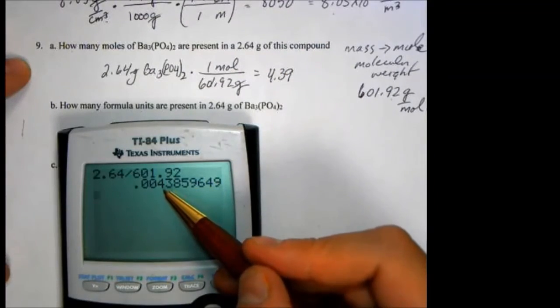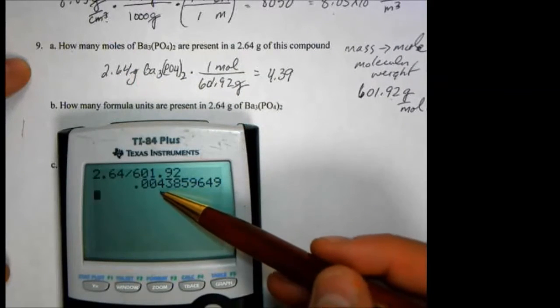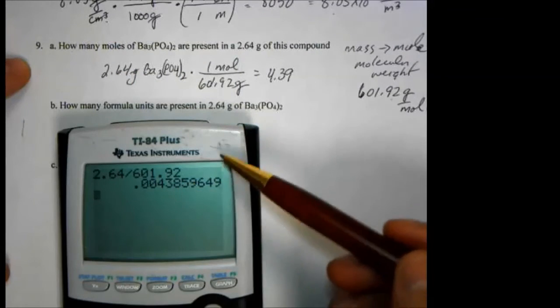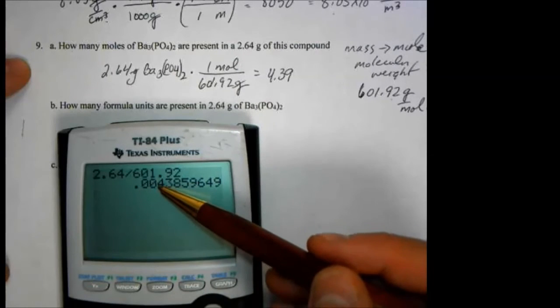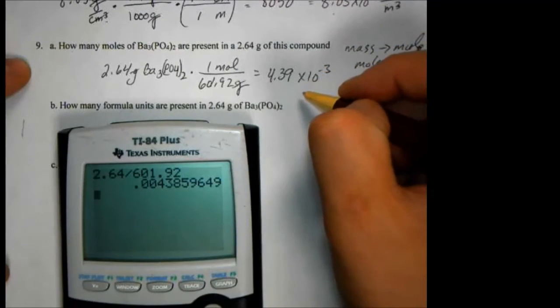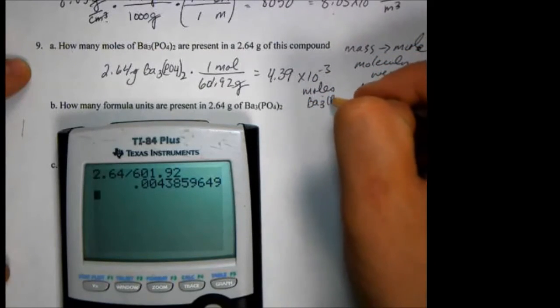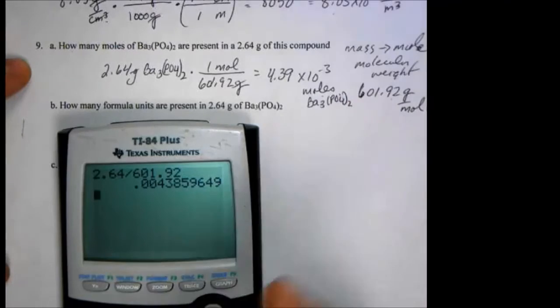Remember, I have 3 sig figs in my number here. So 4.39, so I'm rounding, and we're going to count over: 1, 2, 3. So 4.39 times 10 to the minus third moles of barium phosphate. Okay.